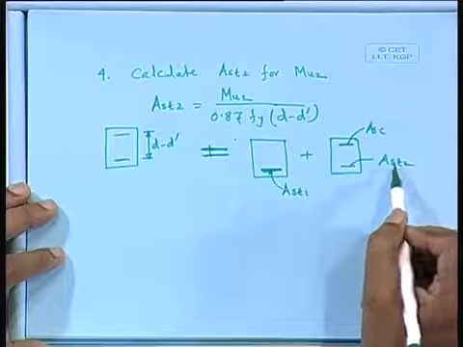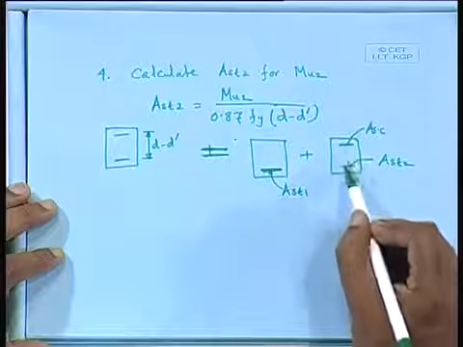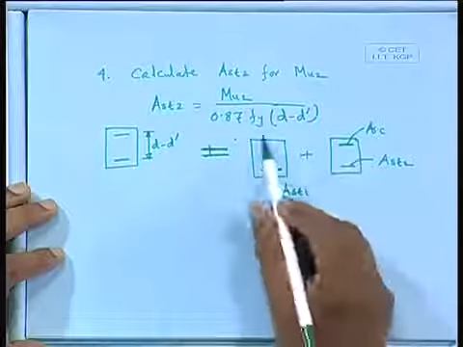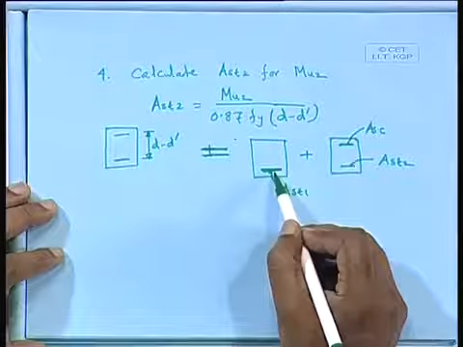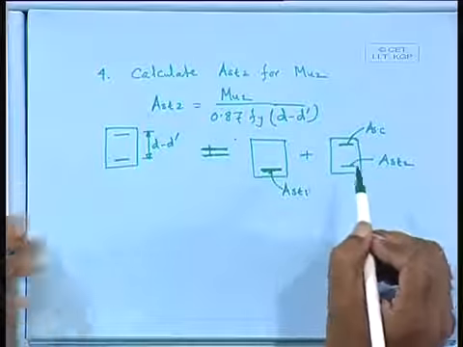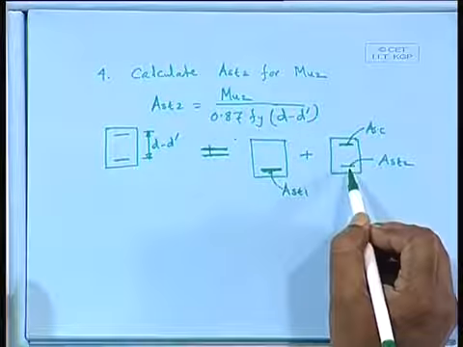And why Asc and Ast2 are different, I have already told: the stress at this level is different and the stress at this level is different. Since it has to be in equilibrium, compression and tension are in equilibrium, and slowly you are adding reinforcement here and reinforcement here.